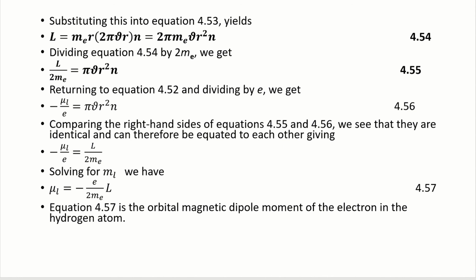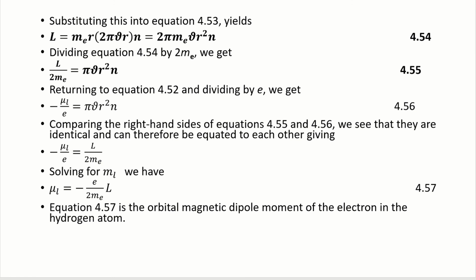Therefore, substituting this into equation 4.53, we get L equal to m sub e r 2 pi r nu multiplied by n. By rearranging this equation, we get L is equal to 2 pi m sub e nu r squared n.